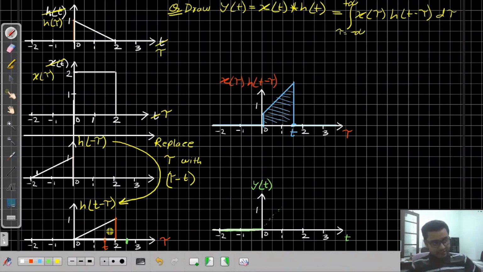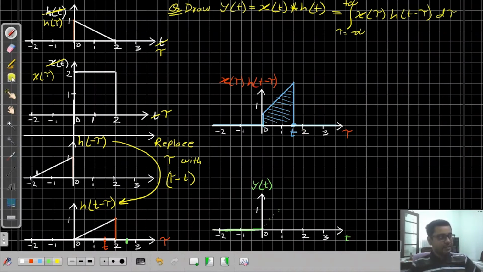This is 2 into 1 divided by 2 because of the triangle. So this area is 1, and this is 2. So the area under this product at t equal to 2 will be 2.